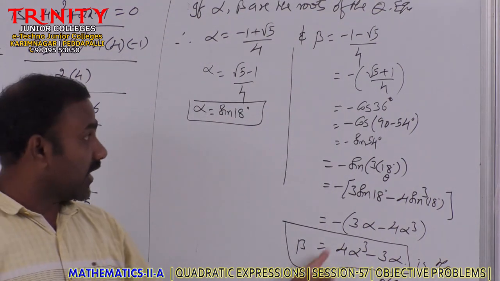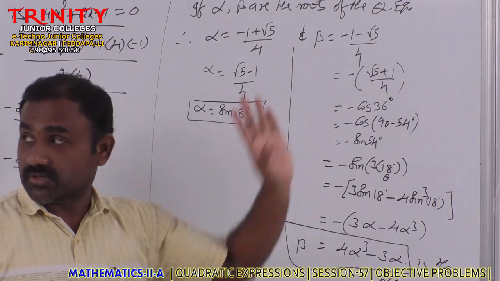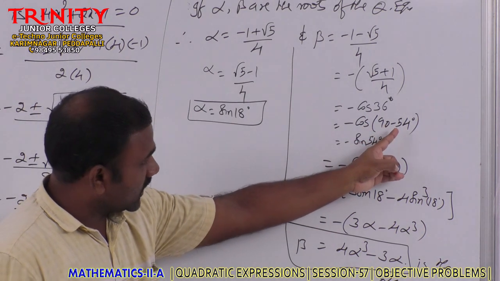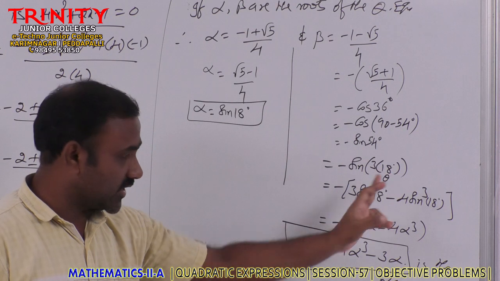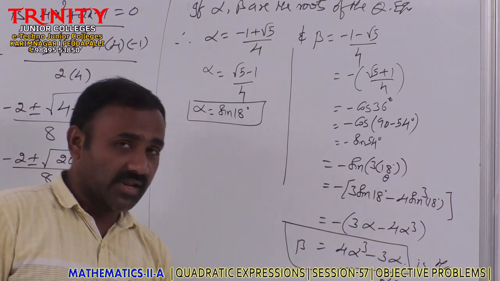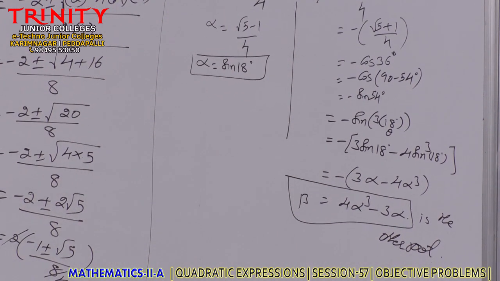That's why we have expressed it like this. Cos 36 degrees is the value of root 5 plus 1 by 4. Then cos 36 we have changed to cos of 90 minus 54, then it becomes sine 54. That can be expressed as 3 into 18 degrees. Then we use the formula of sine 3 theta, 3 sine theta minus 4 sine cube theta. Then we got the required result.